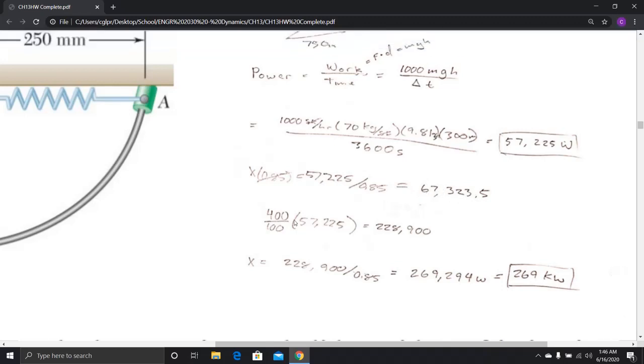I went ahead and did it again with that 300% overload and found that the watts would be about 269 kilowatts. Then by looking at the solution manual, I found that that's the actual answer it wanted. Wasn't sure if it wanted both done separately.